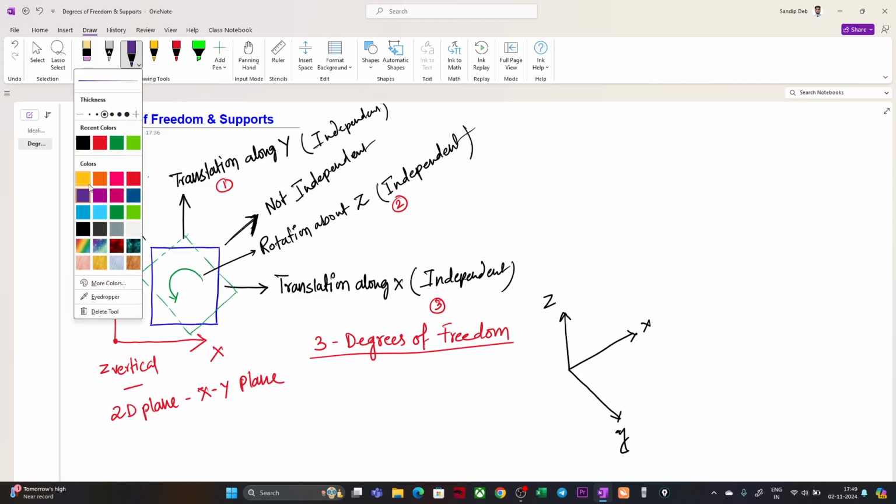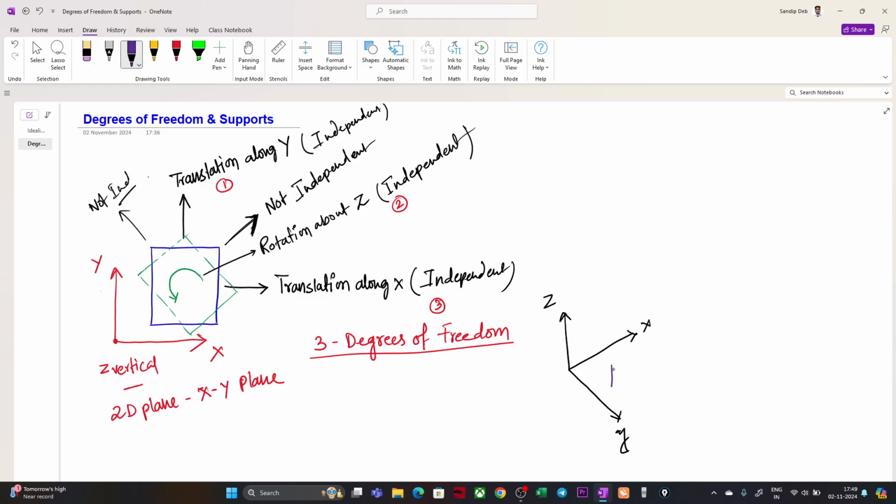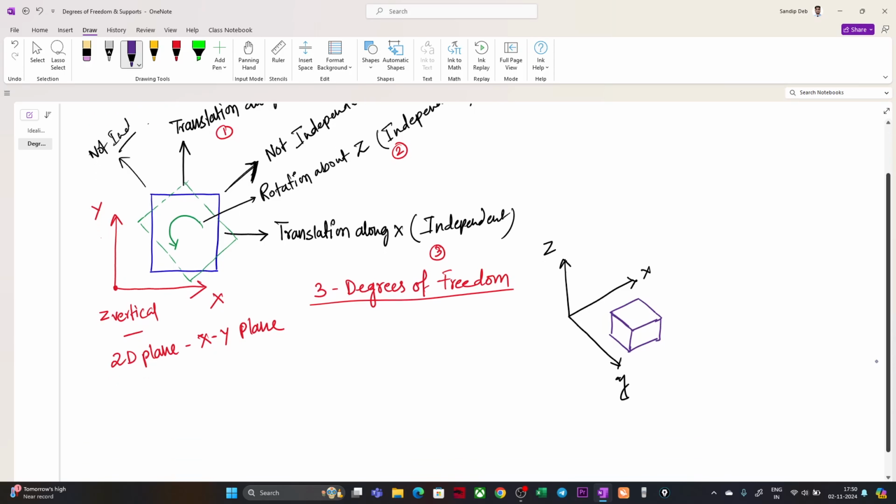I have a box here, suppose. I have a box here, correct?